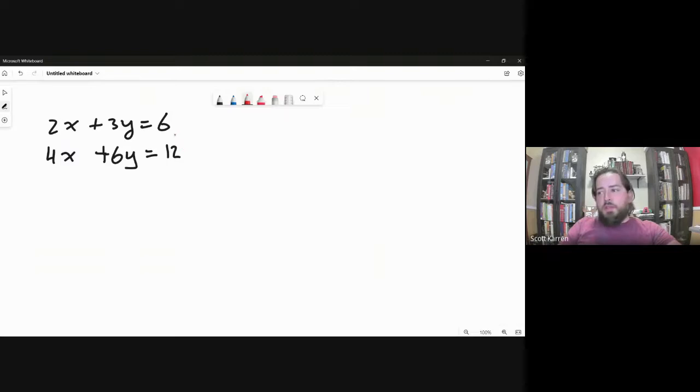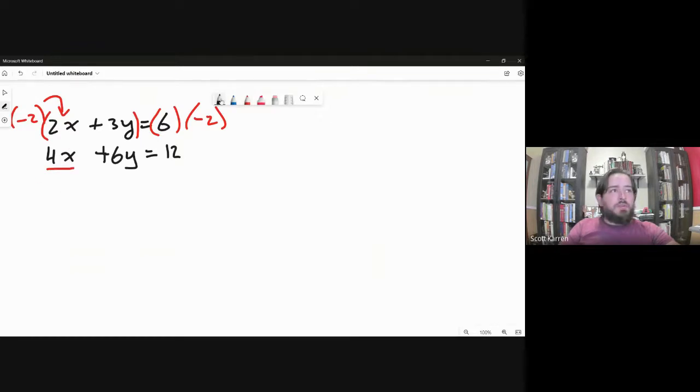Okay, if I'm using the elimination method, I want to multiply potentially both equations. It doesn't always have to be. But if I just look at my x's, I can multiply this top one by -2, because that -2, when I multiply it into this x, is going to turn it to a -4x, which I'll use to cancel with the positive 4x.